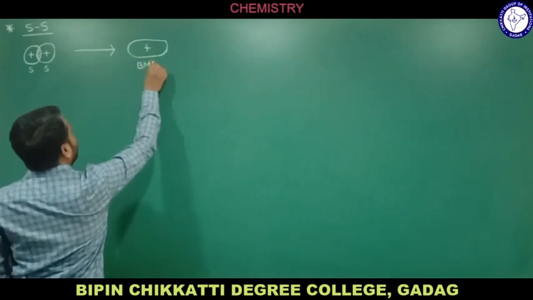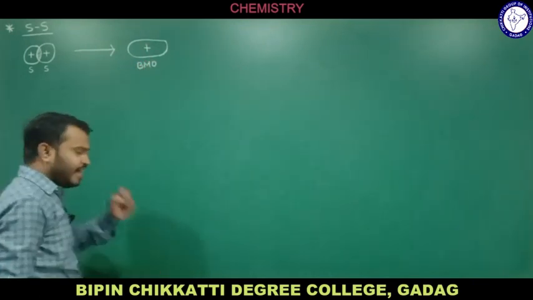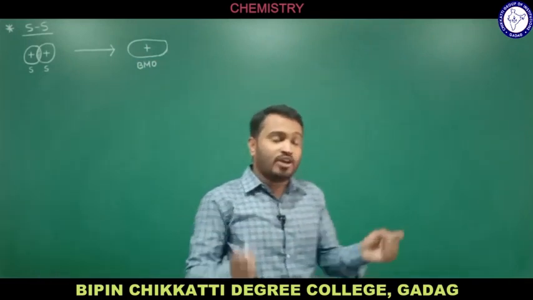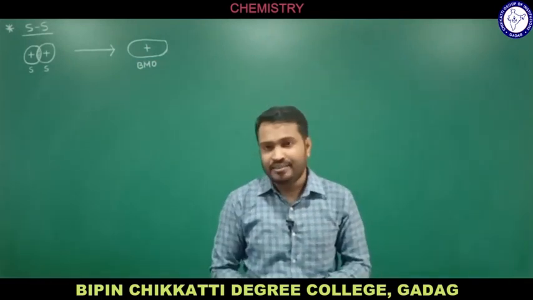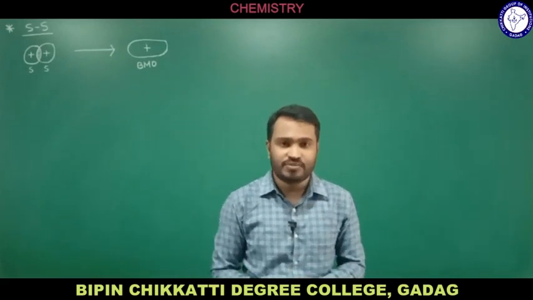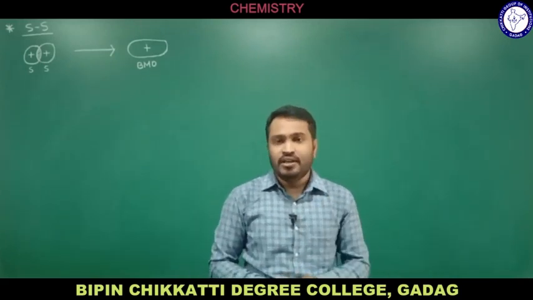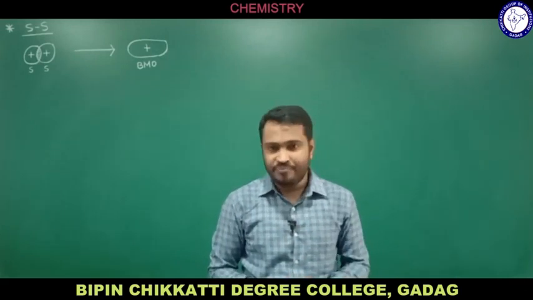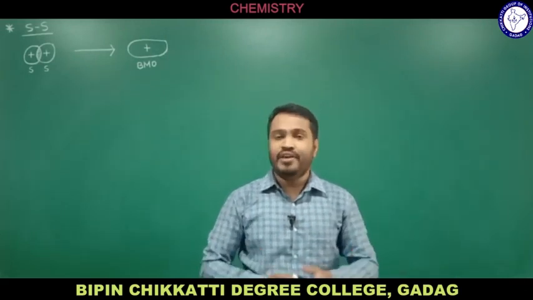that is, bonding molecular orbital. As we know, according to valence bond theory, when the atomic orbitals overlap, they overlap in two different fashions, isn't it? One is head-on overlapping or coaxial overlapping, and one more is sideway overlapping.